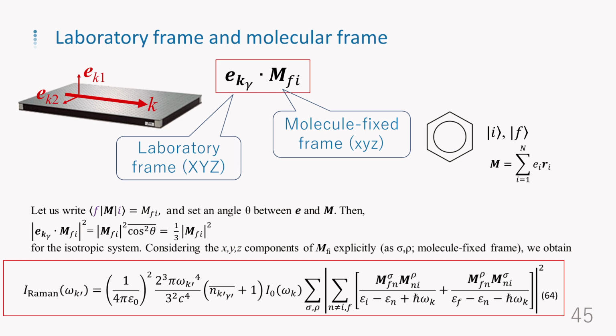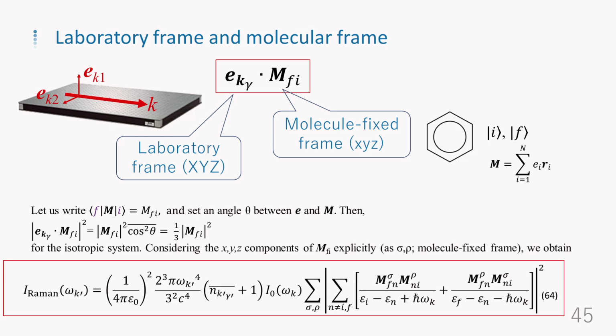I cannot explain in this figure, but by considering some three angles, it's possible to make it identical. But anyway, here is the propagation direction of light, and the electric field E, or unit vector k gamma.